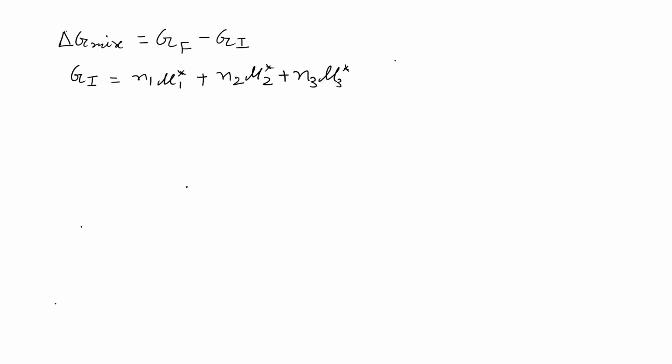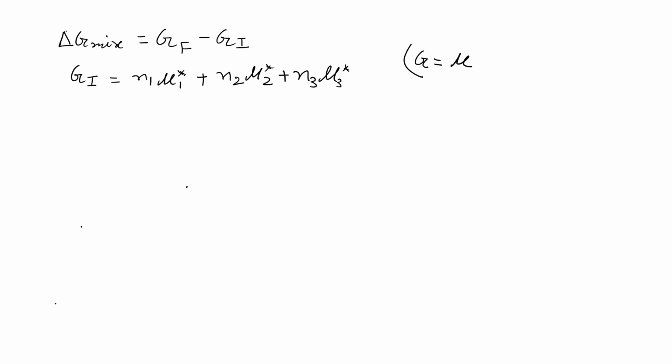Okay, already in my earlier videos, I told you that G, Gibbs free energy of the pure gas or pure substance is equal to mu for 1 mole. That means when you are taking 1 mole of the pure substance, pure ideal gas, then free energy is equal to this chemical potential. Okay, so this mu1 star is the chemical potential of the pure gas 1.